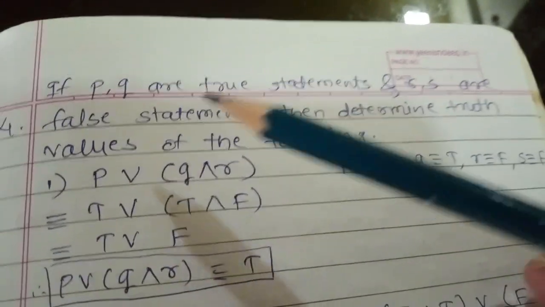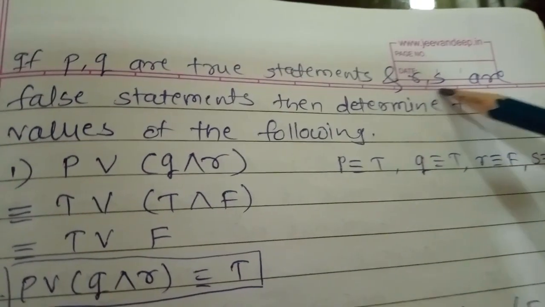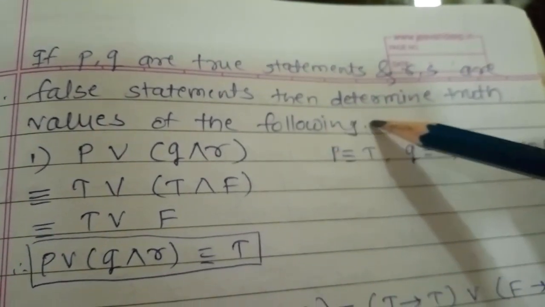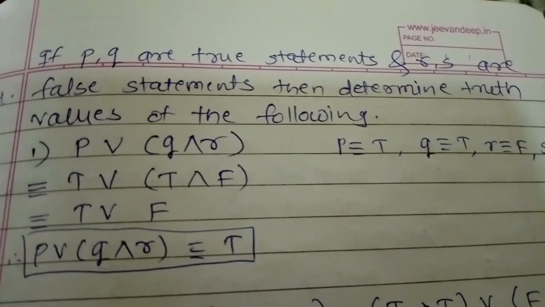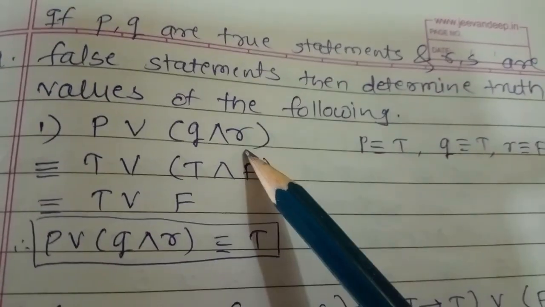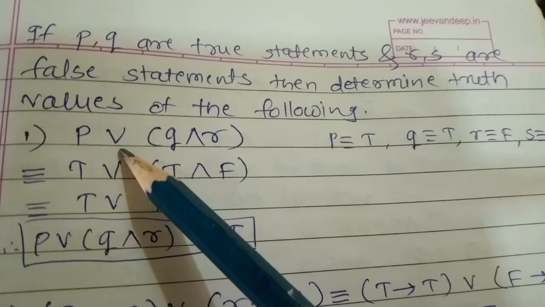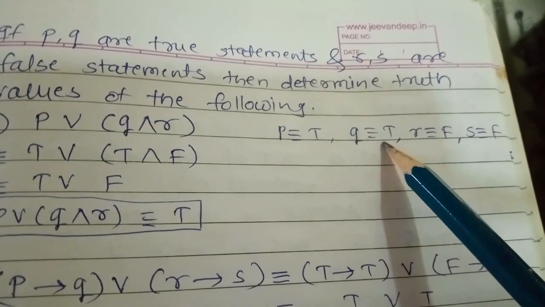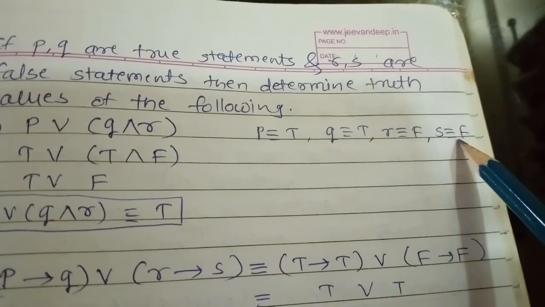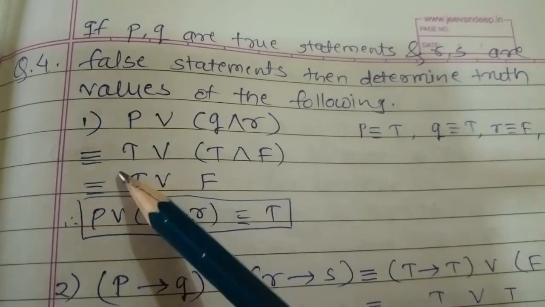If P and Q are true statements and R, S are false statements, then determine the truth values of the following. Now see, you are given some statements like this one. So P disjunction in bracket Q conjunction R. You are given that P is true, Q true, R is false and S is also false. We just have to put down these values here.